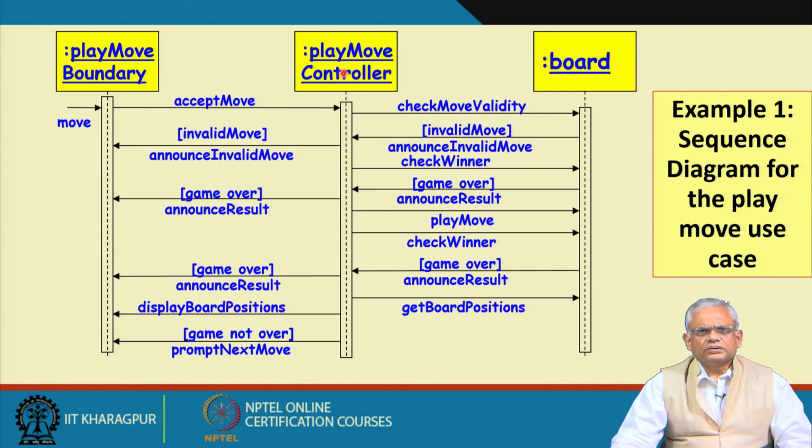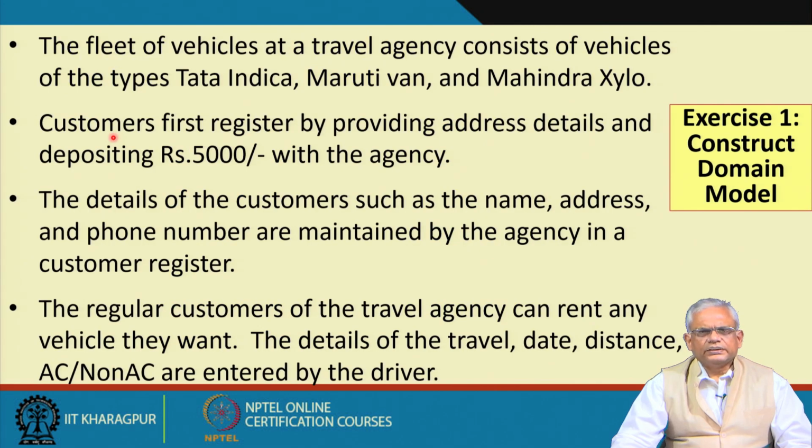For the controller, similarly, we will have accept move, announce invalid move, and announce result. These methods should be populated in the play move controller, and similarly with the play move boundary. We can do that easily, and I have not shown that here.